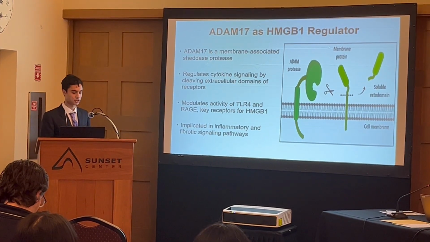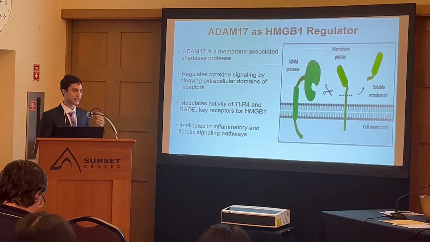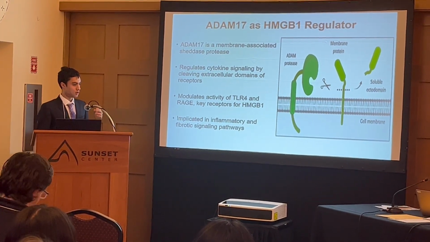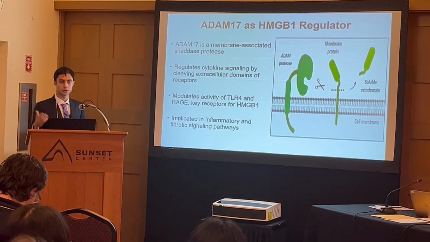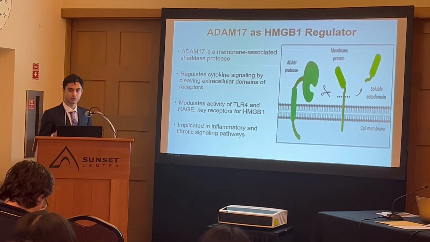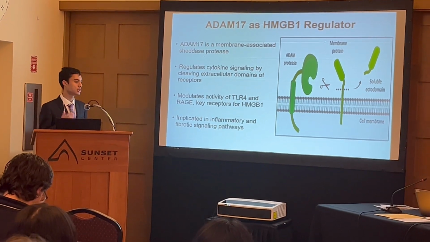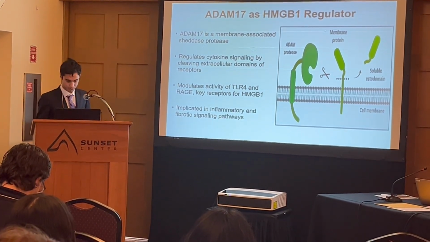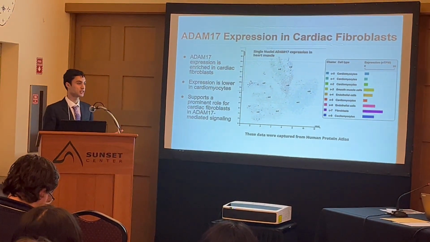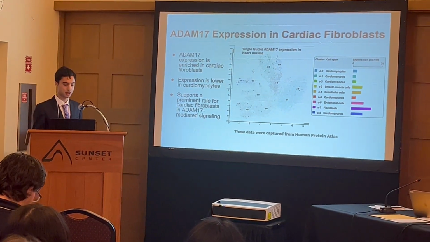ADAM17 is a membrane-associated shedding protein, and it cleaves extracellular domains of proteins. Its relationship to HMGB1 is that it modulates activity of TLR4 and RAGE, which are known HMGB1 receptor proteins. And so now we decided to investigate ADAM17 and its expression in cardiac fibroblasts.